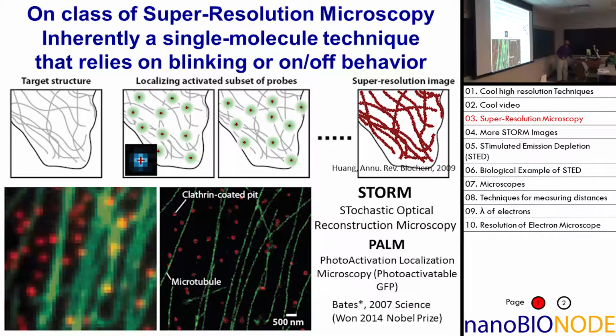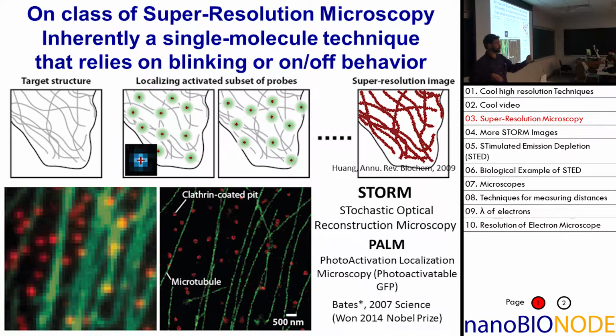Okay, so this is just a review of what STORM and PALM is. Remember, there you have an object and you label it with a special fluorescent object, which can be a fluorescent protein or not, where initially it's completely dark.